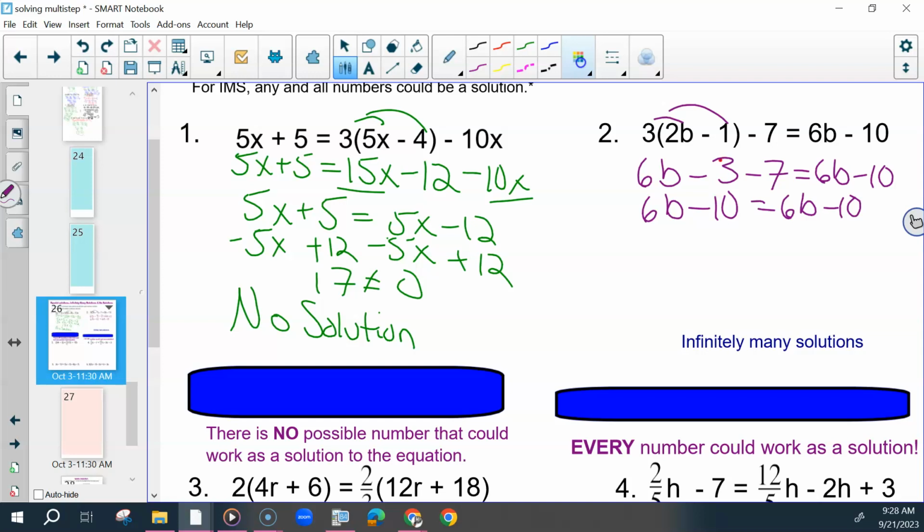What do you notice about this one? They're the same on both sides, the coefficients and the constants. That's going to tell you about this special case. But let's keep solving. What do we want to move first?